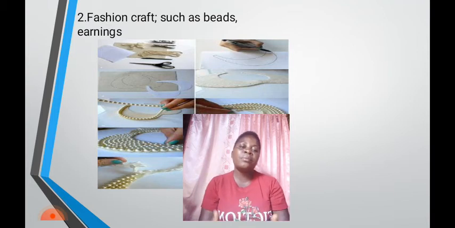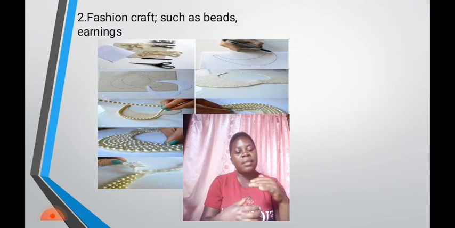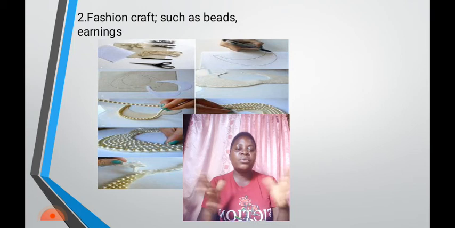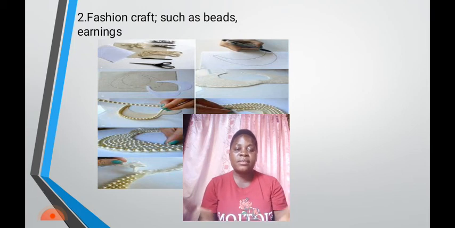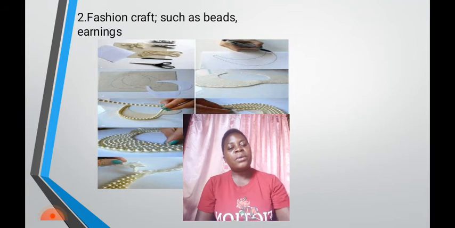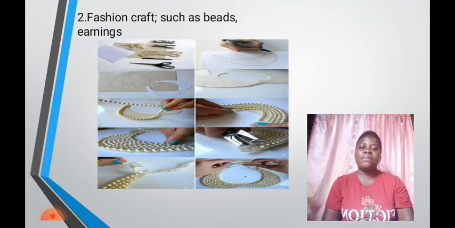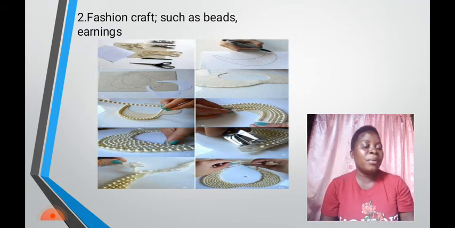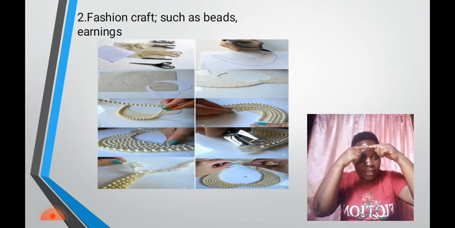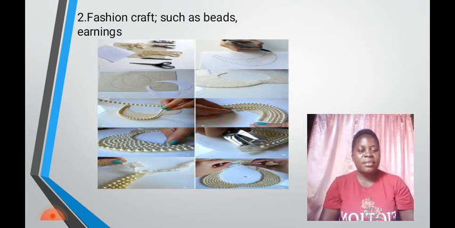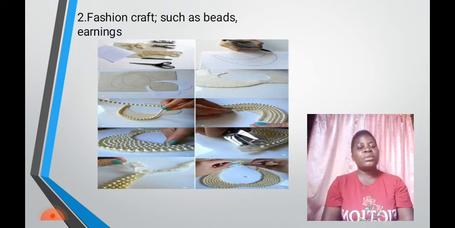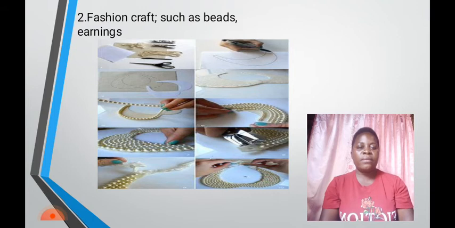Then you arrange them according to the size, according to the elements. The elements will guide you, like size. You can view that image on your screen. That is what we call fashion craft, and those are earrings and a necklace made out of beads. You see the Karamoja, the way they put on, what they tie on their forehead, the bangles they put on, those are what we call fashion craft.